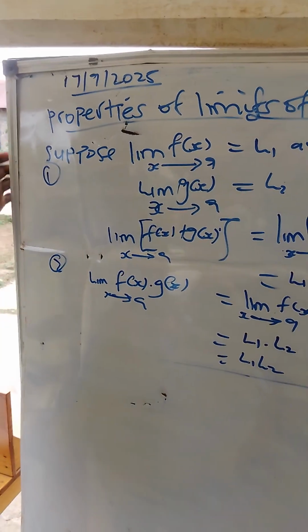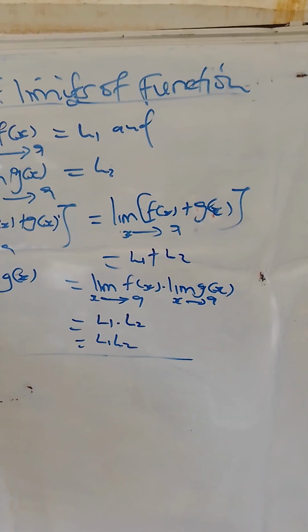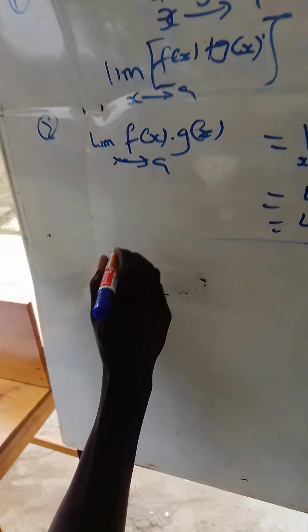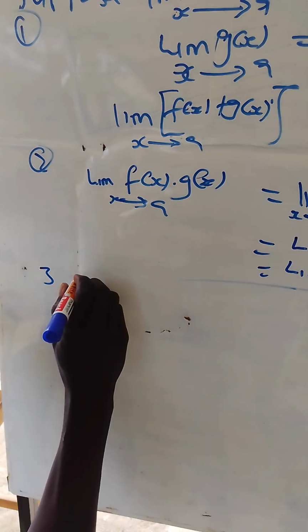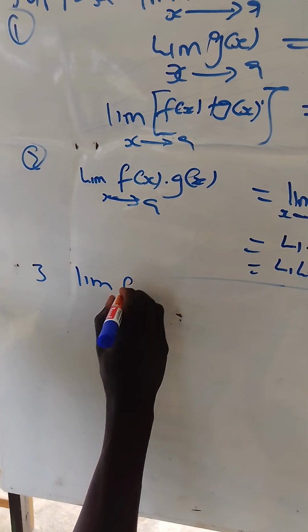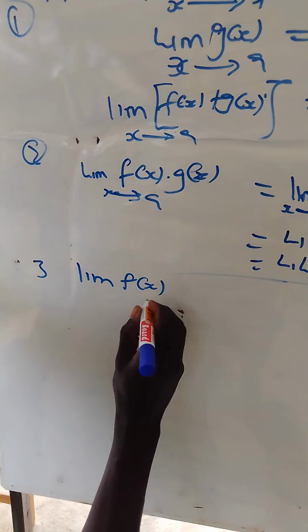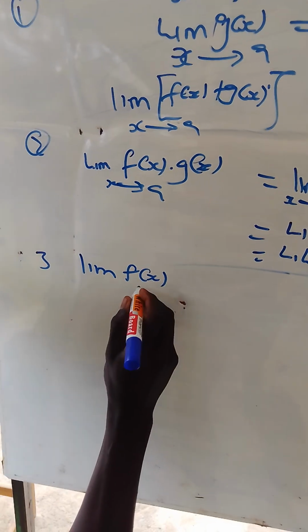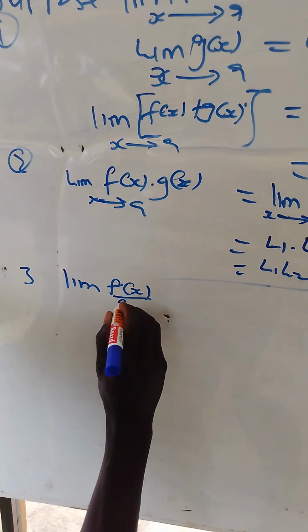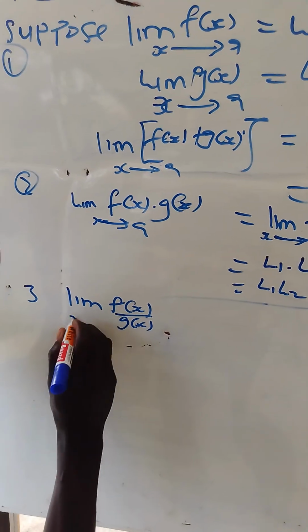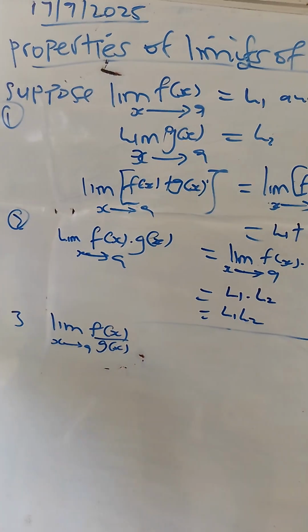Now our third one is for the limit of a function f of x divided by g of x for x tending to a.